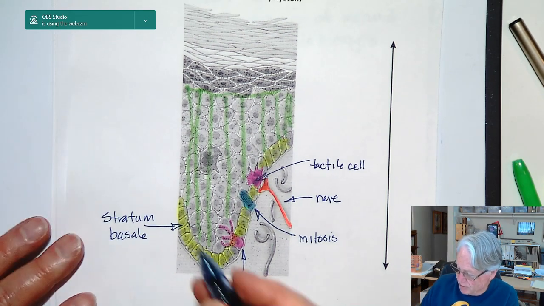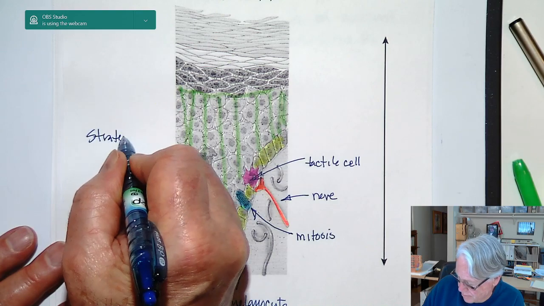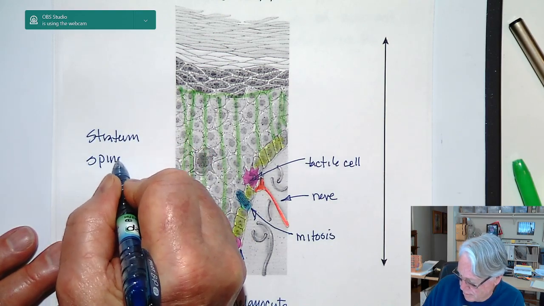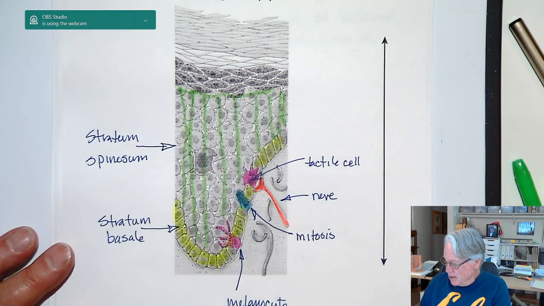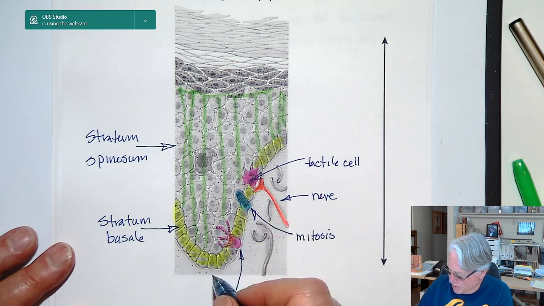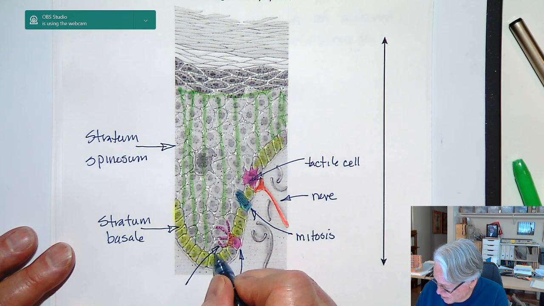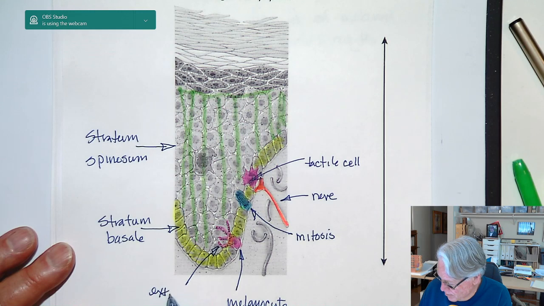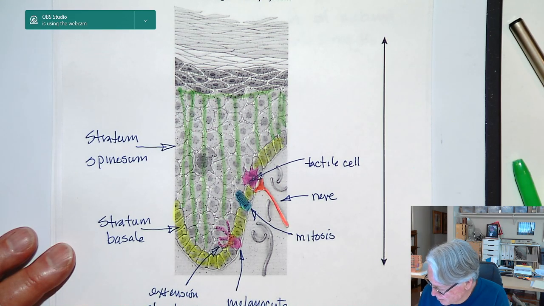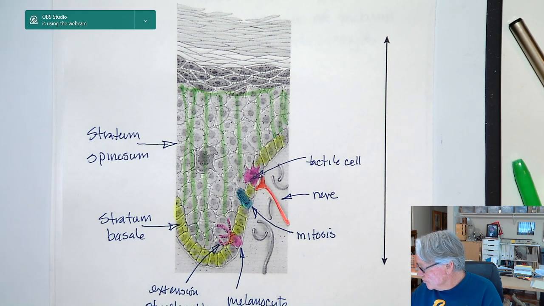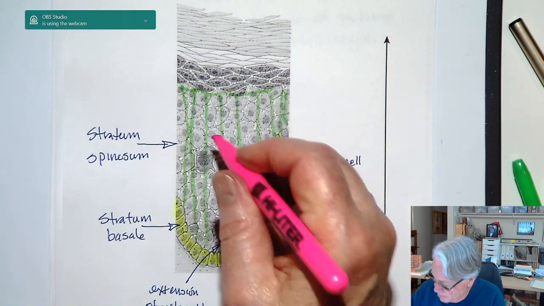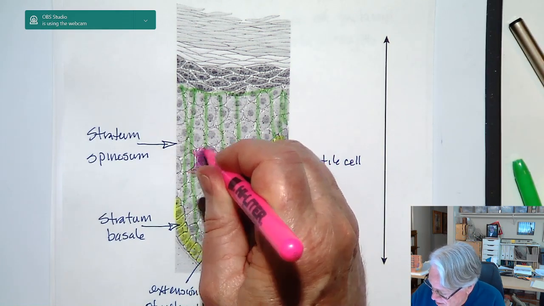That's going to be the stratum spinosum. We have the extensions of melanocyte there. And also, you may notice we have our Langerhans cell.